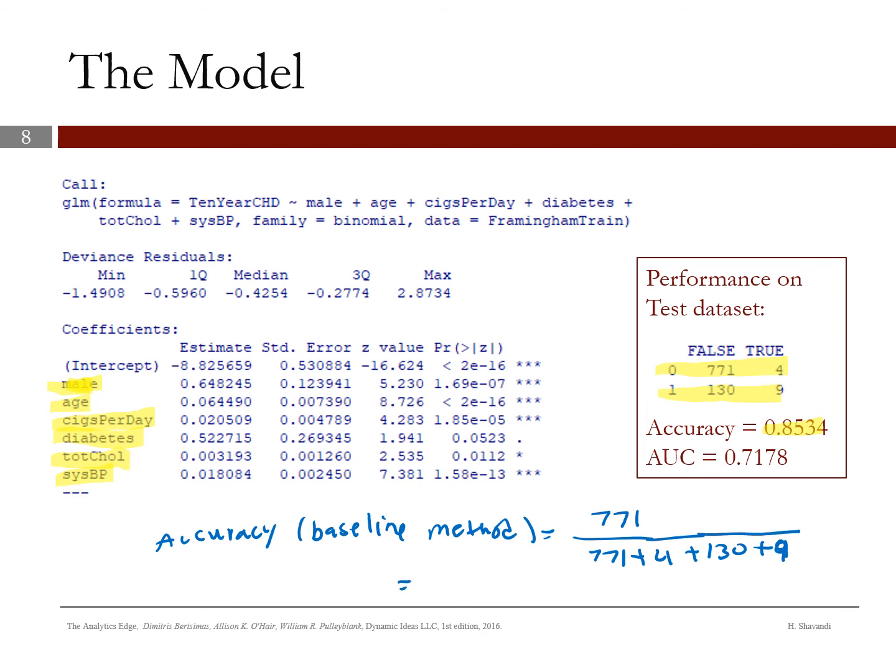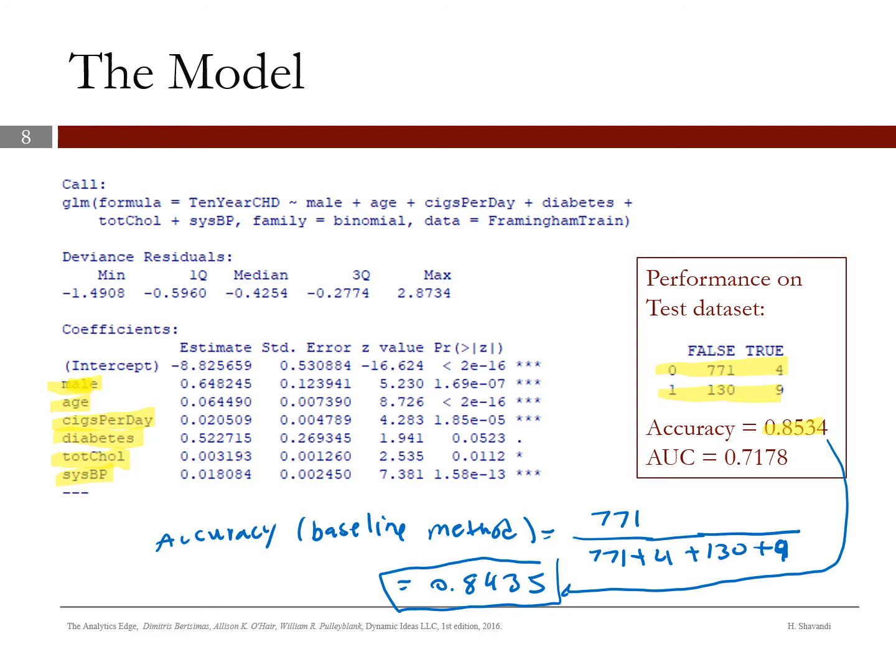So then it becomes 0.8435. As you see here, our model is just slightly over this ratio, so we can say in terms of accuracy, there is no significant difference between our model and the baseline model.